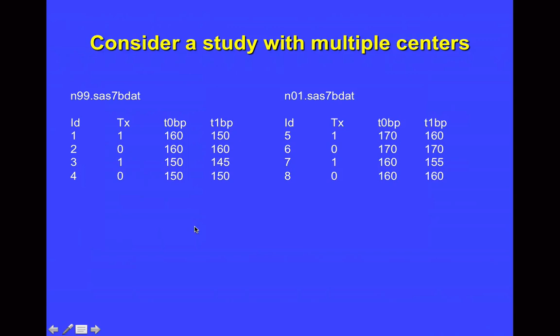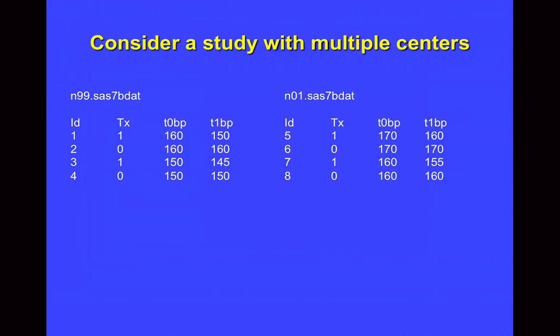Okay? And this was done in 2 different locations. So in the end, you end up with 2 different data sets. The location number 1 or center number 1 puts their data into a SAS data set and sends it to you, and somebody at the data center number 2 does the same, but now you have 2 separate SAS data sets.